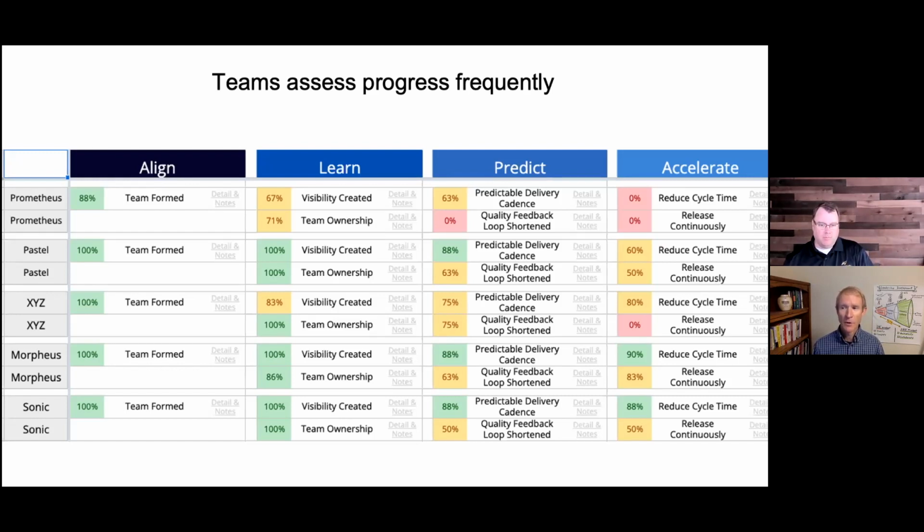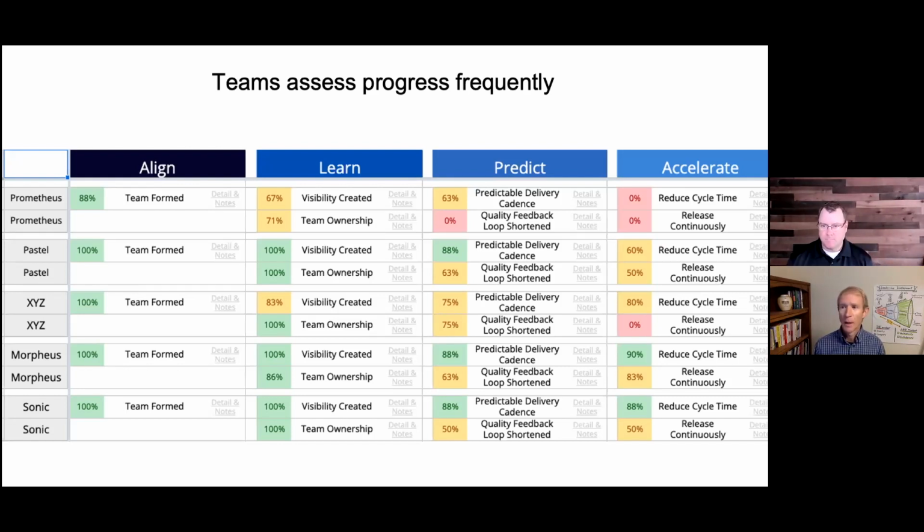And those roll up to this red, yellow, green chart here to indicate where each team is at. And of course, along with this, helping them figure out what we likely need to work on next in order to improve our own capabilities.